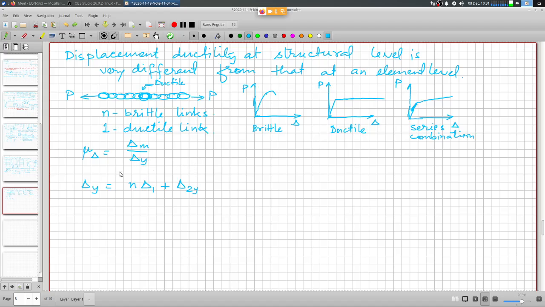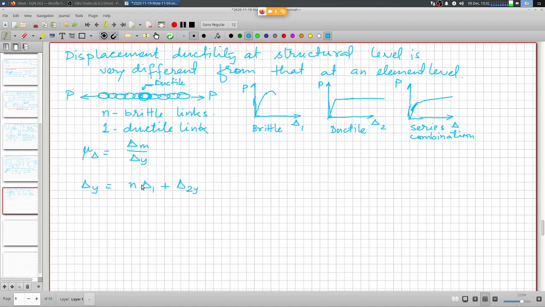So delta 1 is the displacement or the deformation in the brittle link, and delta 2 is the deformation or the stretch in the ductile link, right? So delta 2y is the yield displacement of delta 2 at which it yields.